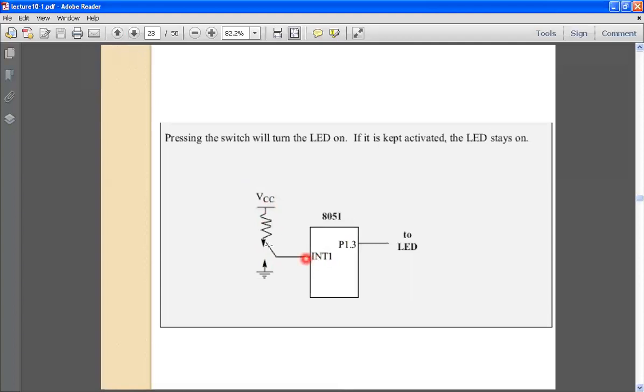When the switch is pressed, how do we provide the low level signal from high level? This is at high level voltage signal. When this switch is moved from here to here, then the ground will be connected to INT1. So it moves from high to low level. Therefore it is called low level trigger.